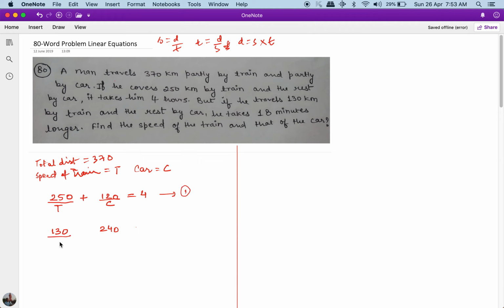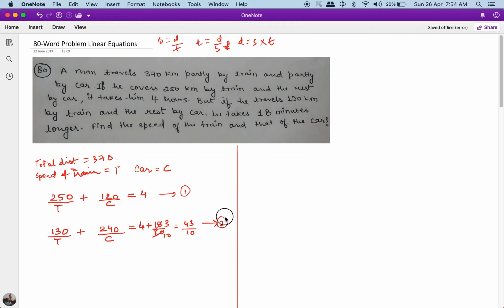Similarly, 130 upon t, that is distance traveled at the speed of train, gives you the time spent in the train, and 240 upon c gives you the time spent in the car, is equal to 4 plus 18 minutes longer, so I'll have to write 18 minutes as hours, so it becomes 18 upon 60. It becomes equal to 43 by 10, and this is my condition 2.